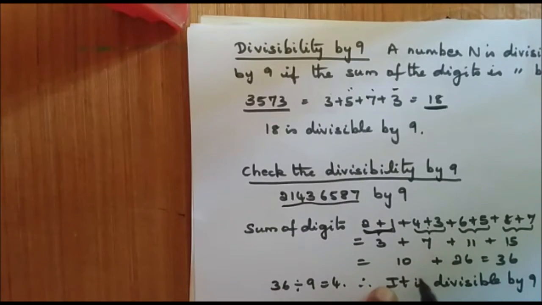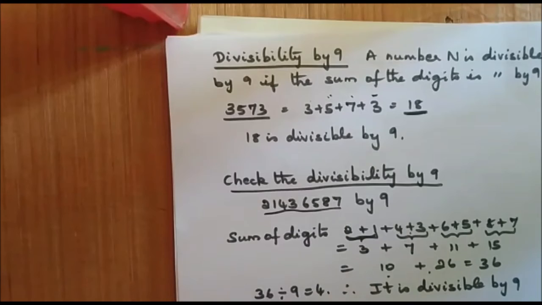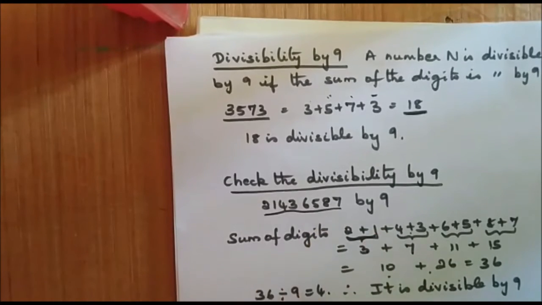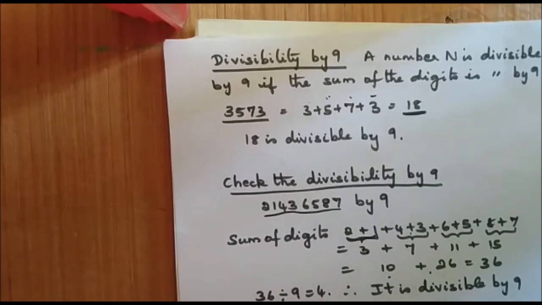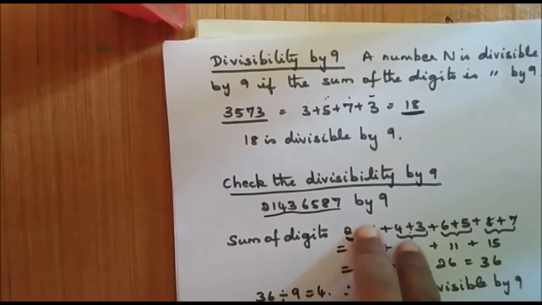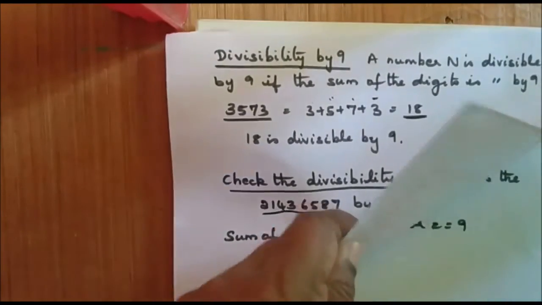We'll further add it. I'll get 10 plus 26, which equals 36. Now 36 comes in the tables of 9. How many times? 9 into 4 is 36. So 36 divided by 9 equals 4. Therefore, this big number is divisible by 9. You can divide it by 9 and check whether this rule is correct or not.